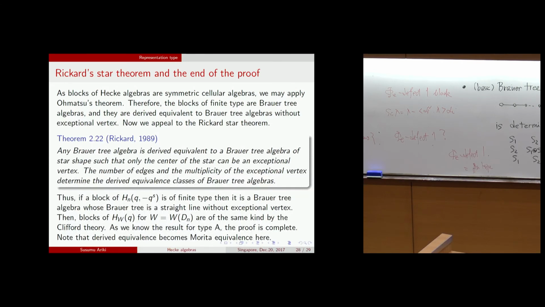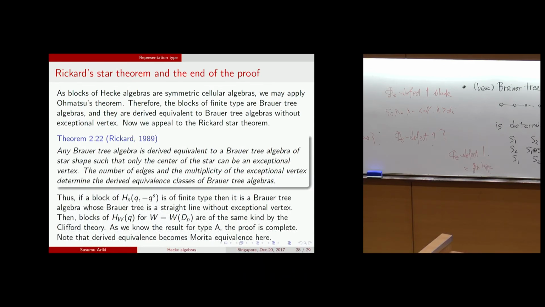So as a result, we know that a block of this, if it is of finite type, then it is a Brauer tree algebra whose Brauer tree is a straight line with no exceptional vertex. Then, as I said, we can say something about this, and this is by an easy computation about the length of the Loewy filtration of the projectives.